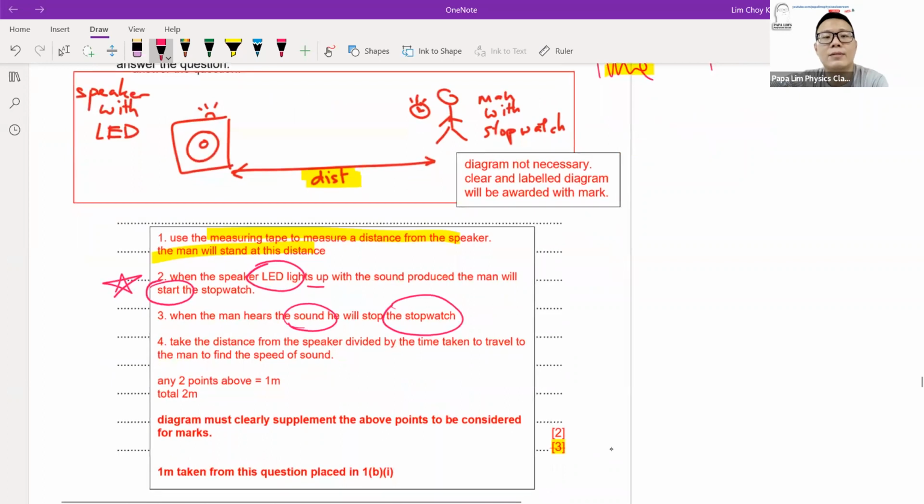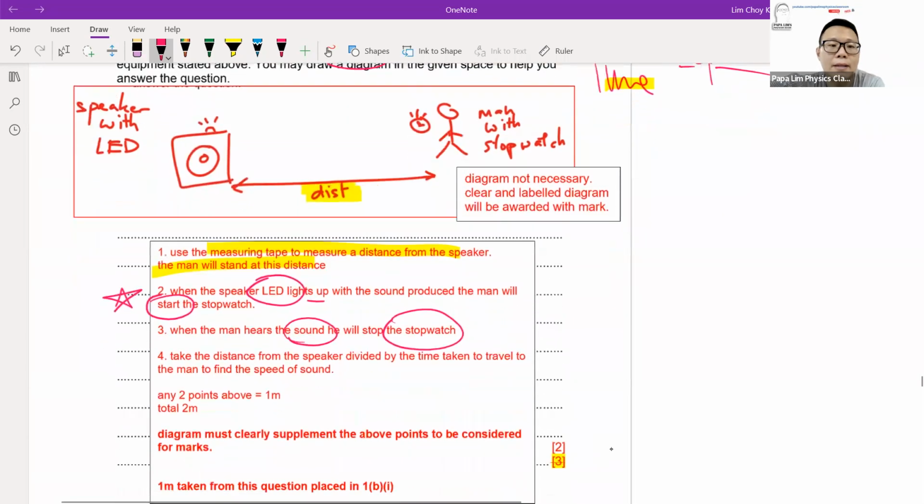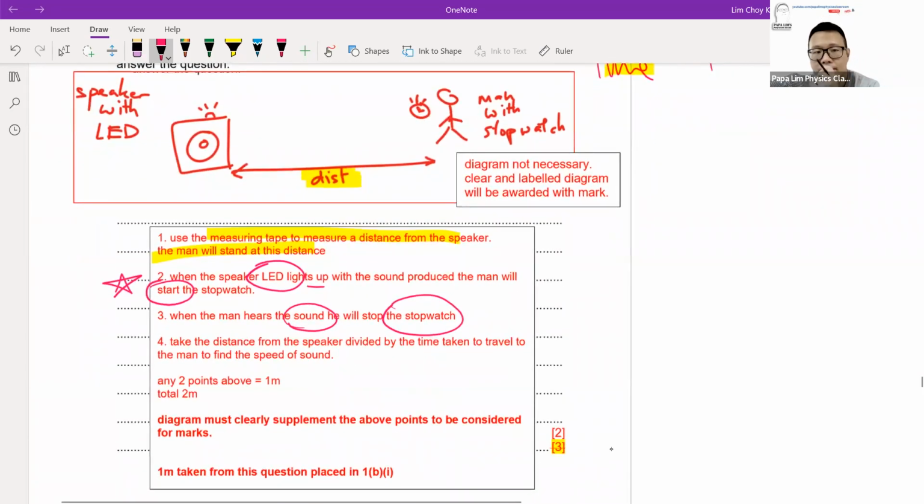Once I have the time, I will record the time, and with the formula, I will be able to calculate distance divided by time. If you want to improve on the results, usually the question will say, suggest one improvement. So this is where you end off.